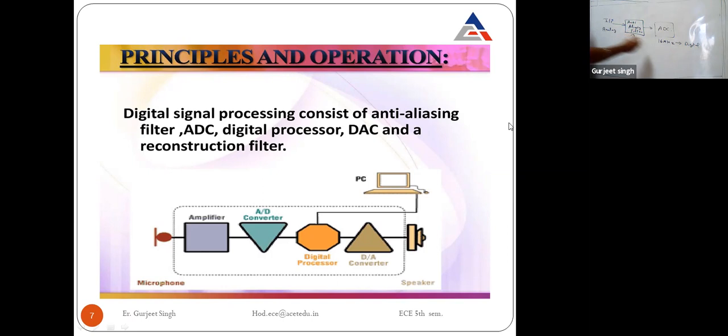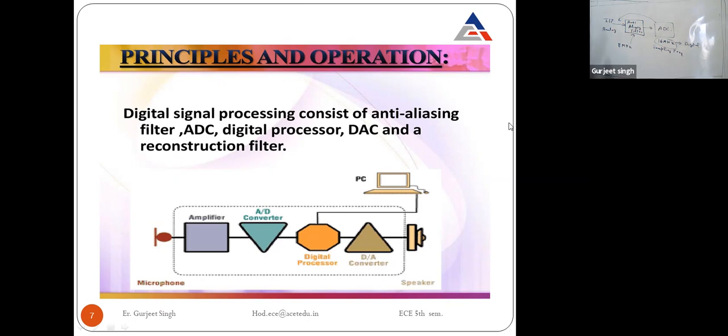This is the sampling frequency of this ADC, 16 megahertz. According to the sampling theorem, if the sampling frequency is 16 megahertz, the maximum value of the input signal coming at this point must be 8 megahertz. It will not be more than 8 megahertz.